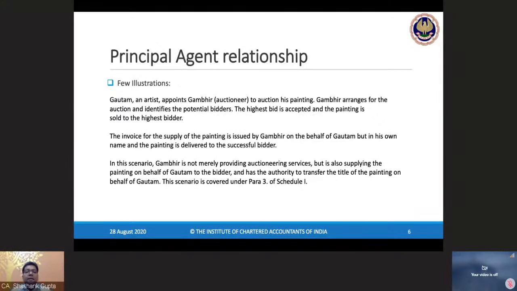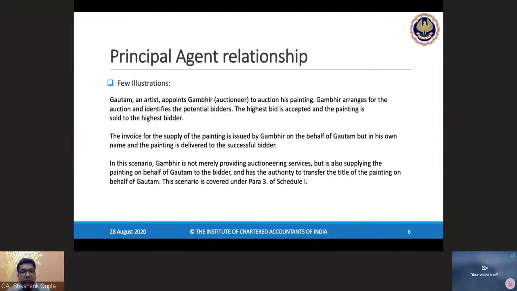So here can you see, we had discussed an auctioneering scenario just before this case study, and now again, in the earlier case, the auctioneer was simply saying, I will auction, but you raise the invoice straight away. Okay? But here what is happening? The auctioneer is raising the invoice himself.